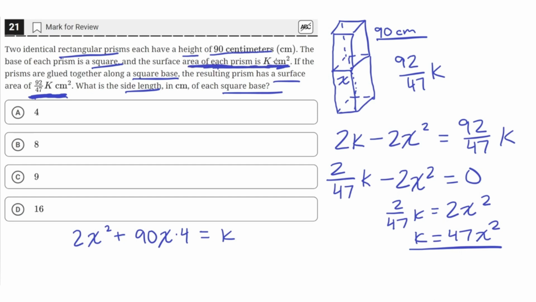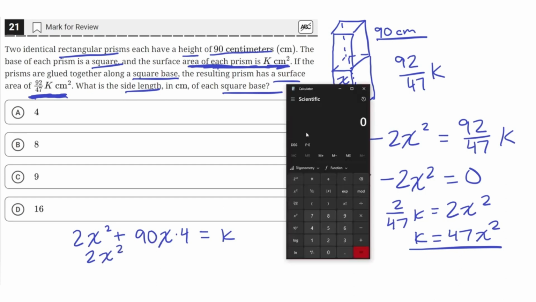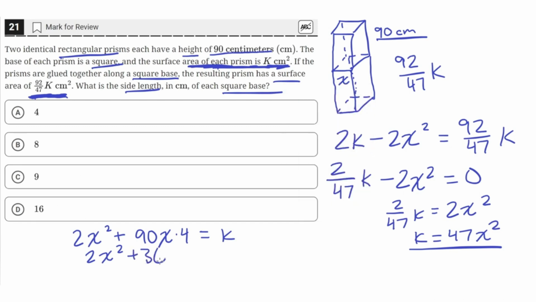So now we can just use this equation to solve for another equation for k. So 2x squared, and we'll just multiply 4 with 90. So 4 times 90 is equal to 360. So 360x.